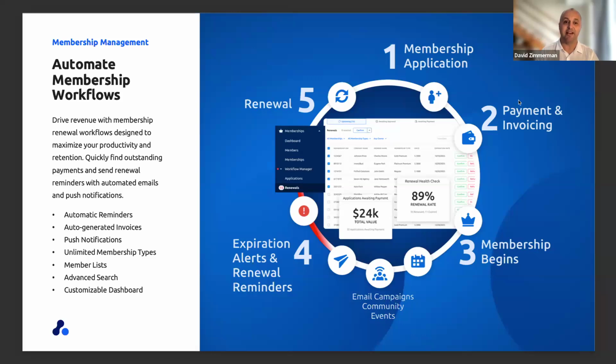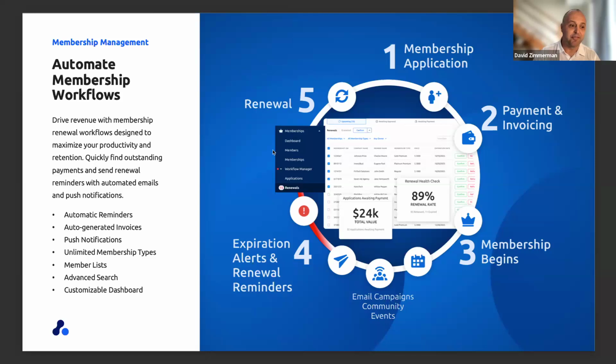The minute they've paid, it will reconcile into the system, send them a thank you email, and allocate those funds to their membership, and their membership will be triggered and it will start. All without anyone having to do anything. It's essentially all automated based on the rules that you set out for your organization's needs and requirements.